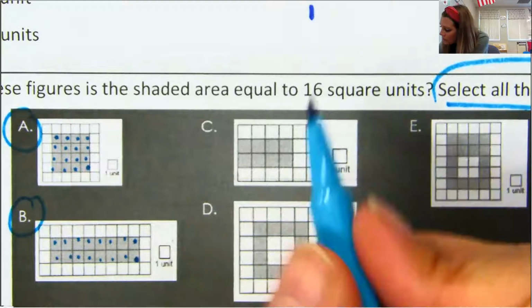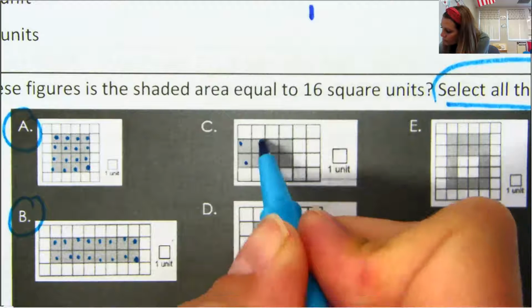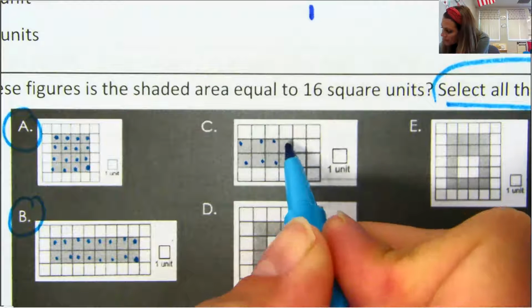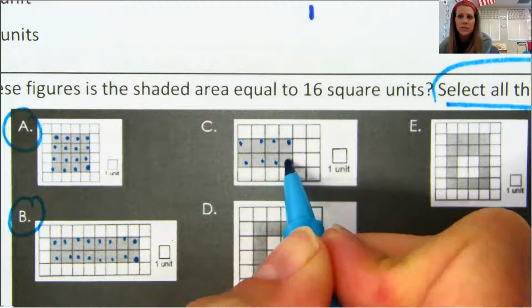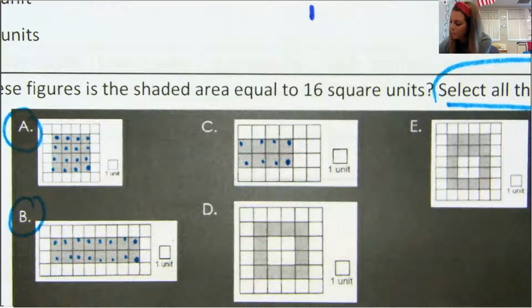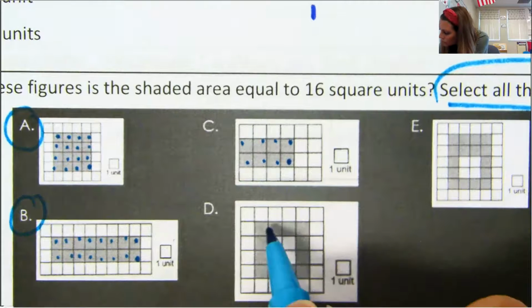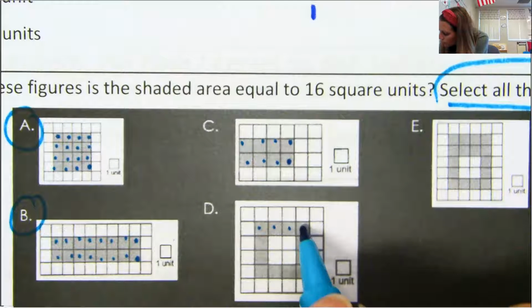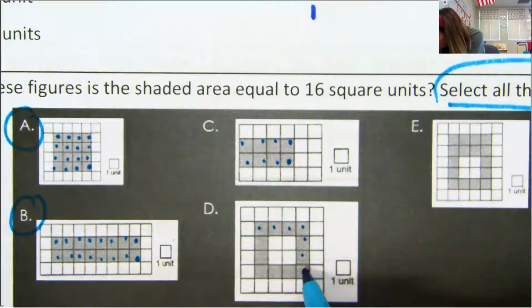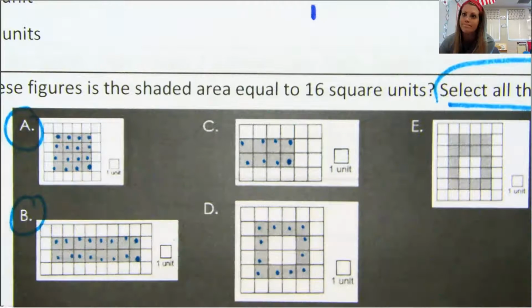Let's look at C. 1, 2, 3, 4, 5, 6, 7, 8. Nope. 1, 2, 3, 4, 5, 6, 7, 8, 9, 10, 11, 12.